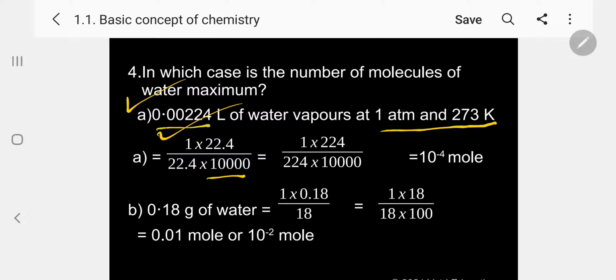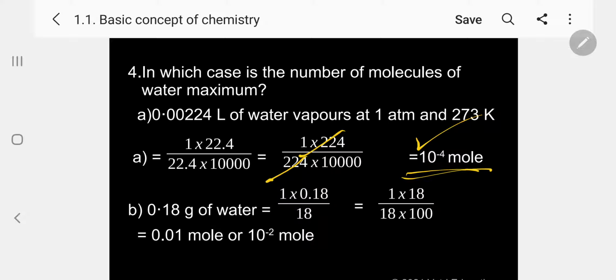So now we are getting 1 into 22.4 over 22.4 into 10,000. Both sides it is 1 decimal, cancel each other. 224 cancels. 1 by 10,000 is nothing but 10 to the power of minus 4 mole. So A is 10 to the power of minus 4 mole.